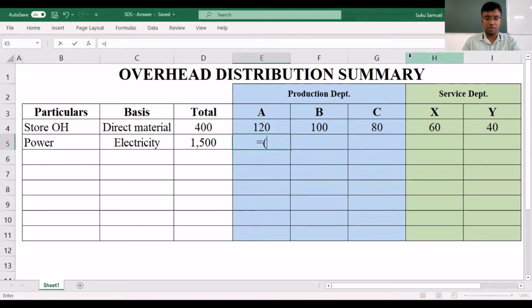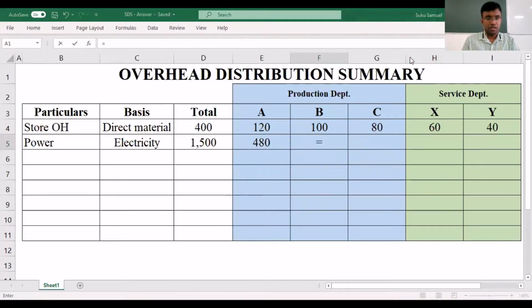So here it will be 8,000 divided by 25,000 into 1,500. So here the answer is 480.